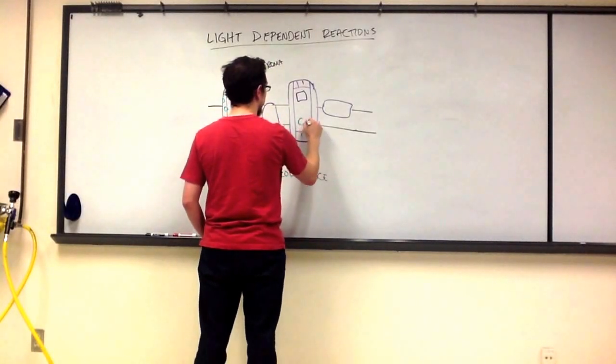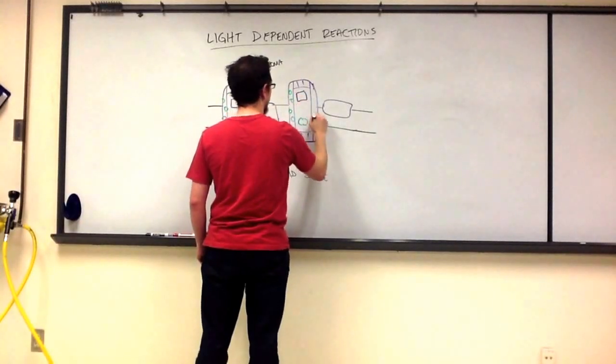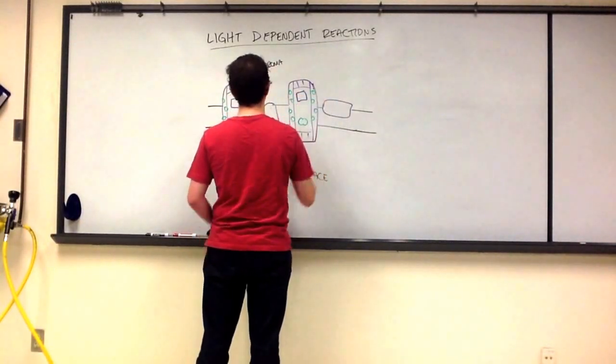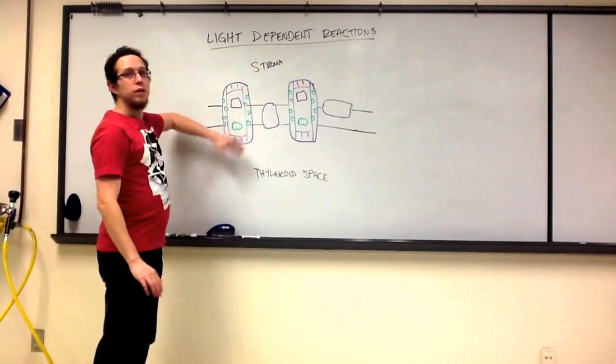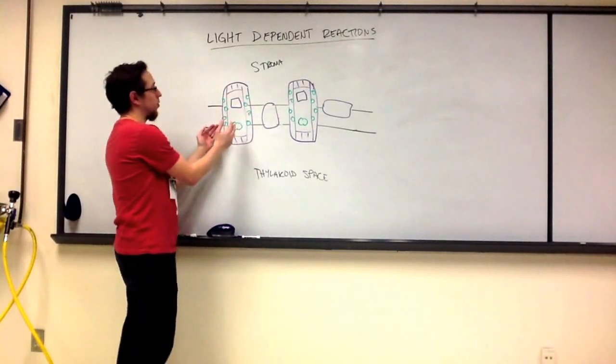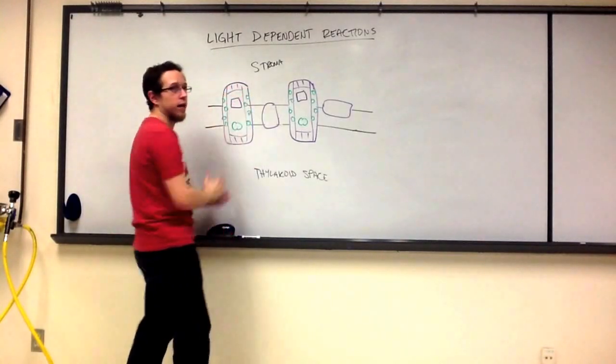Okay, and these protein-like regions containing the chlorophyll pigments are called light harvesting complexes, and they go all the way around in this entire structure.